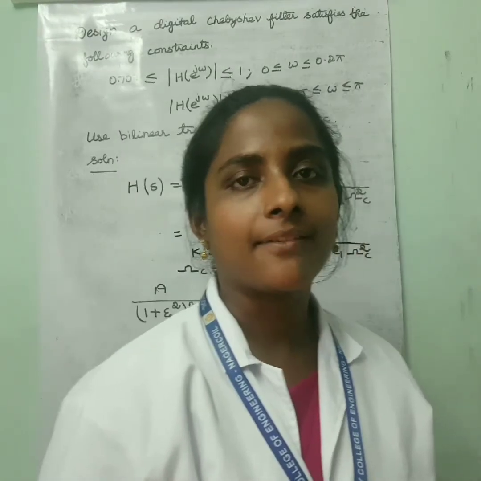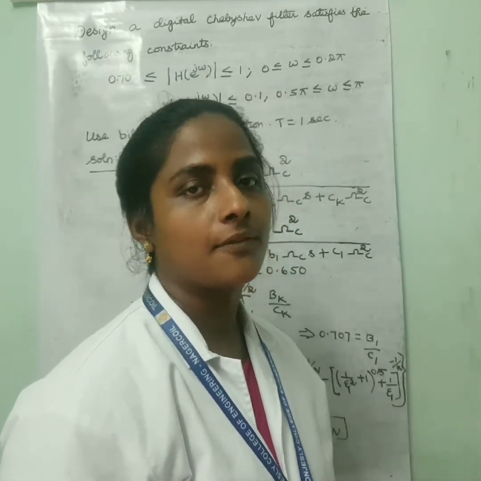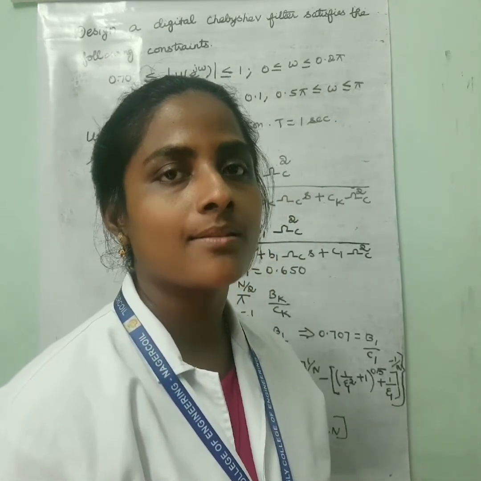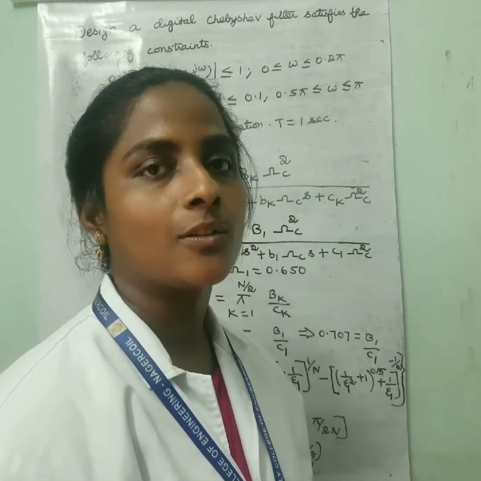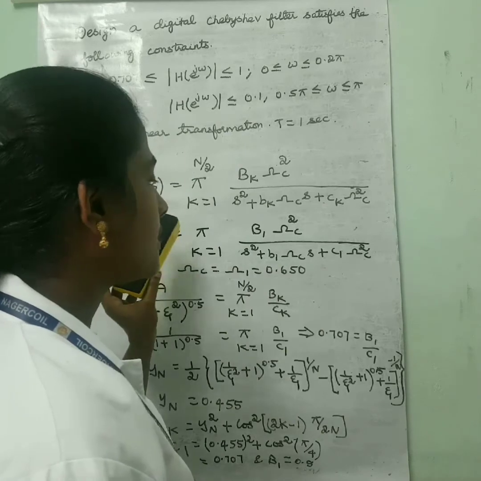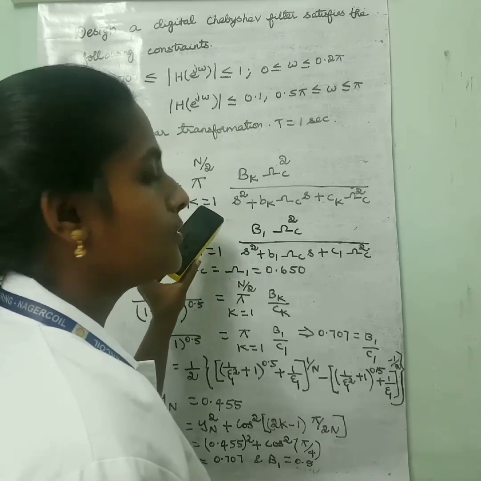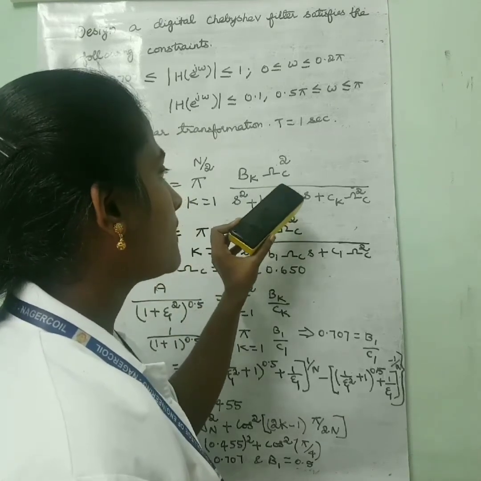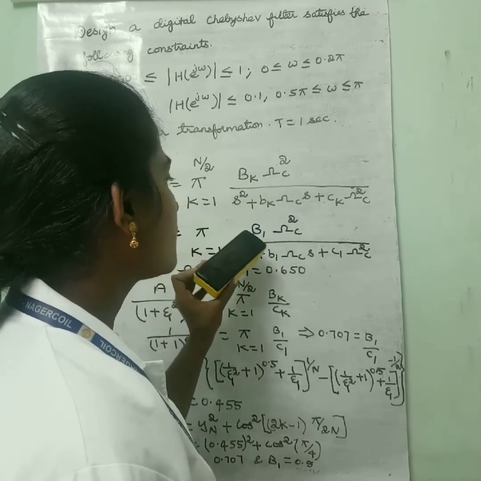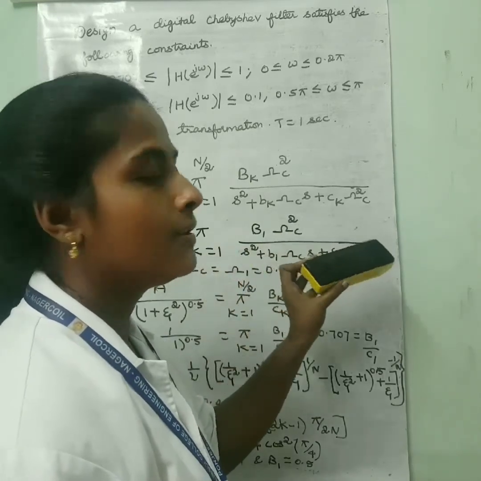Next we can find the value of the transfer function. Here the order of the filter is even, that is n equal to 2. So we have the transfer function formula, H of s equal to product k equal to 1 to n by 2 of bk omega c square divided by s square plus bk into omega c s plus ck into omega c square.